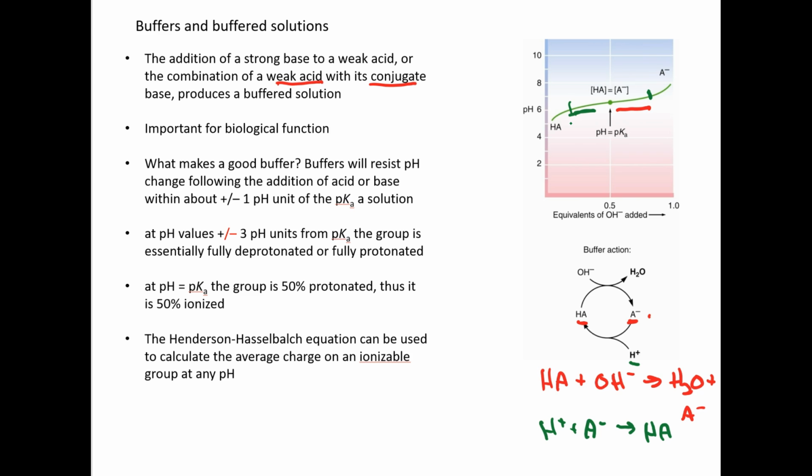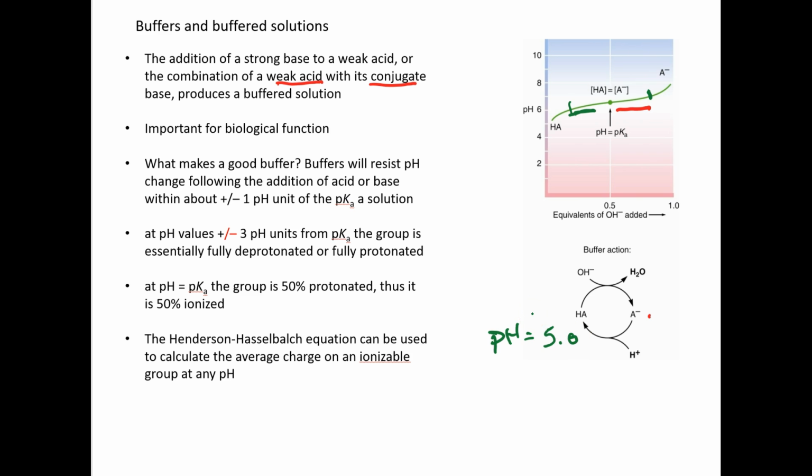And the best buffered solutions resist pH change around the pKa of the buffer. So let's go back to acetic acid, for instance. Let me erase a couple things here. If we want to buffer a solution at a pH of 5, acetic acid would be a really good buffer to do that.